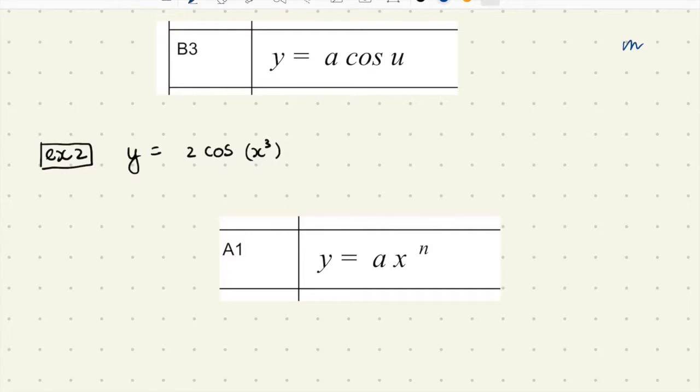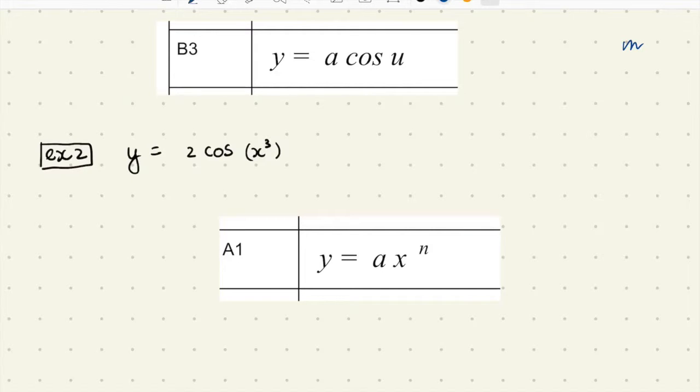Now we do a second example of differentiation using formula group B. In this case, we apply formula B3 and A1. Example 2, I read the question: y equals 2 cosine x cubed.